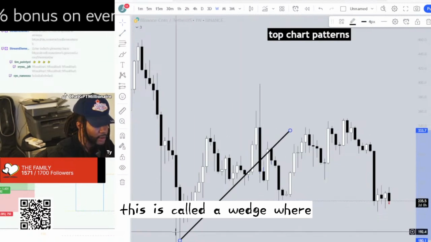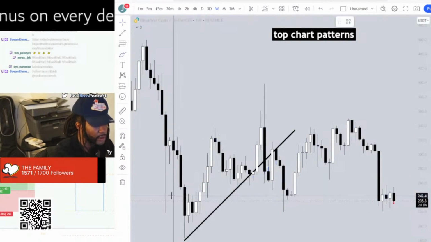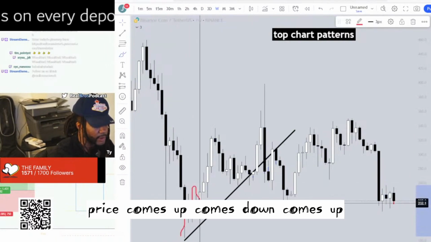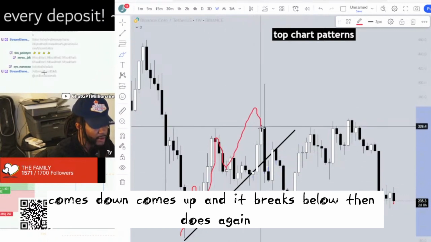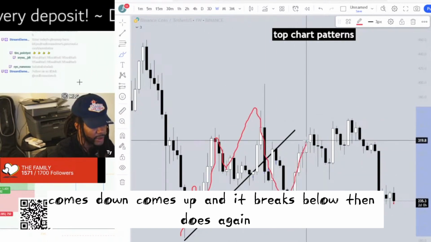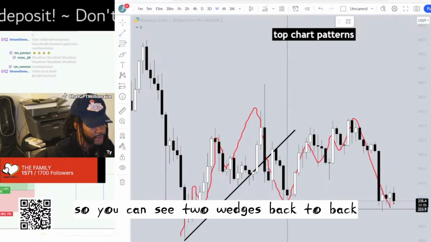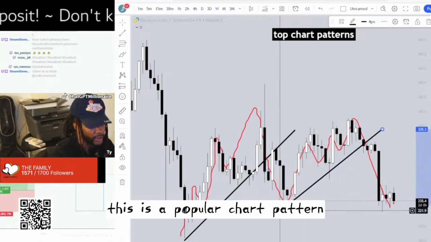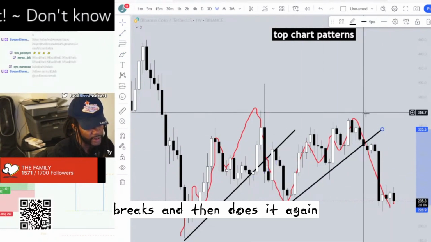This is called a wedge, where the price comes up, comes down, comes up, comes down, comes up, then it breaks below, and then does it again. So you can see two wedges back to back. This is a popular chart pattern. It breaks, and then it does it again, and breaks.